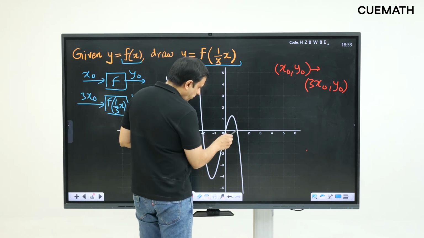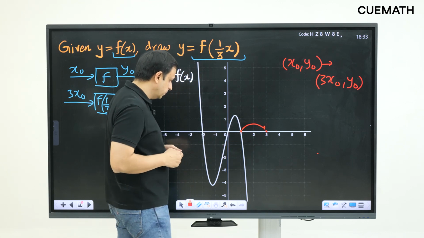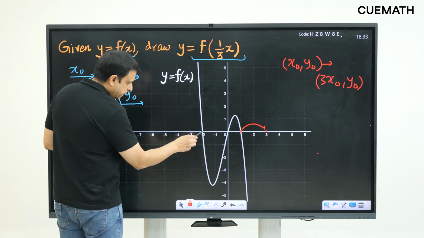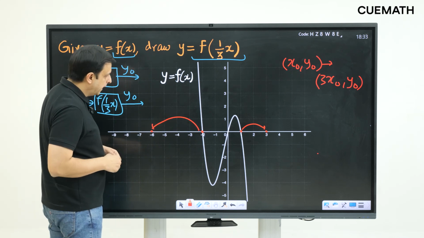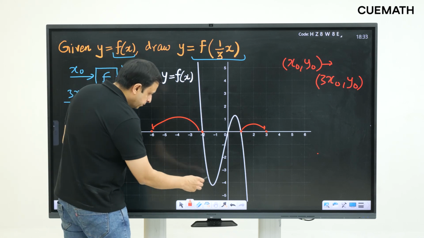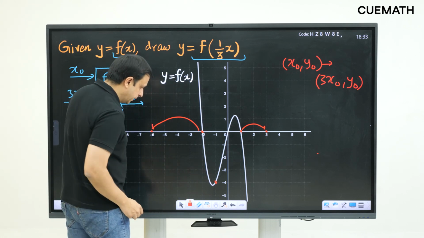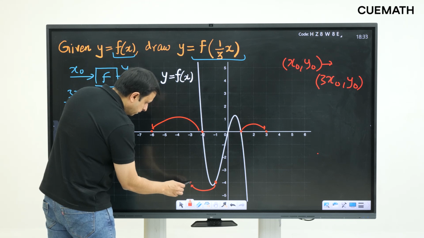Let's look at some specific examples. This point here, 1 comma 0, will move to this point 3 comma 0, and minus 2 comma 0 will move to minus 6 comma 0. Let's take another example: this point here, minus 1 comma minus 4, will transform to minus 3 comma minus 4.